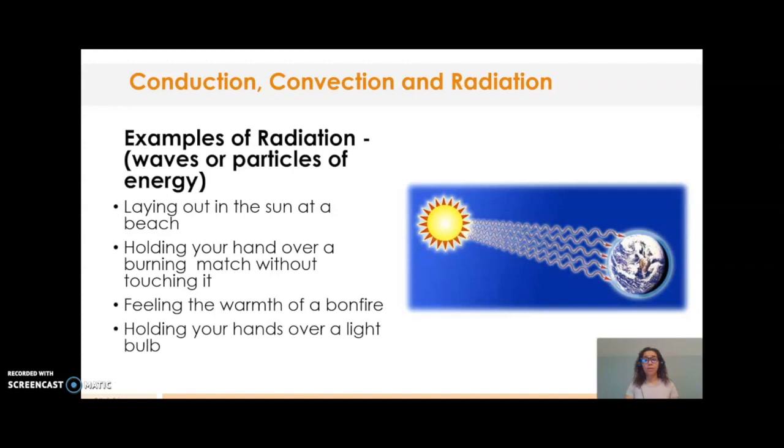And finally, holding your hand over a light bulb and feeling that warmth is going to be radiation. When you're looking at identifying what is radiation, look for the words waves or particles of energy. Those are the key buzzwords that are going to help you identify the types of radiation in the quiz or on a module exam.